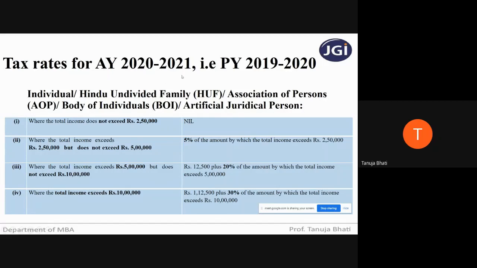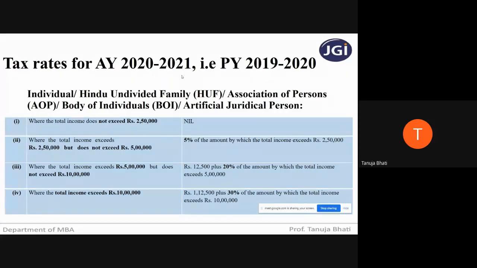Now, in order to know what is the tax to be paid, first you all should know the rates. So I will be explaining the rates applicable to different SSEs. We'll see the rates for individuals, senior citizens, super senior citizens, and for firms, cooperative societies, LLPs, companies.